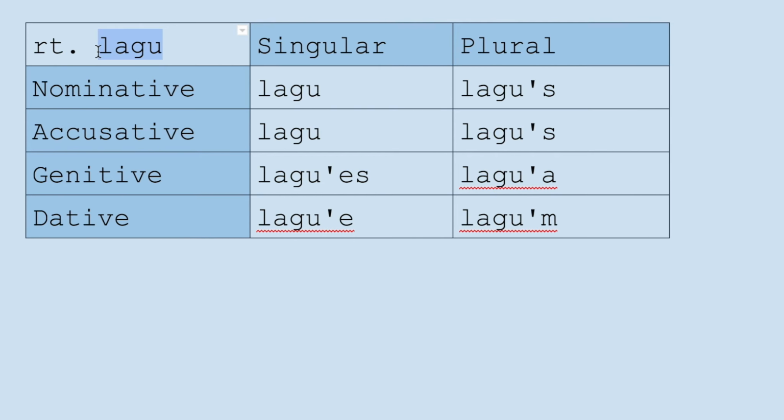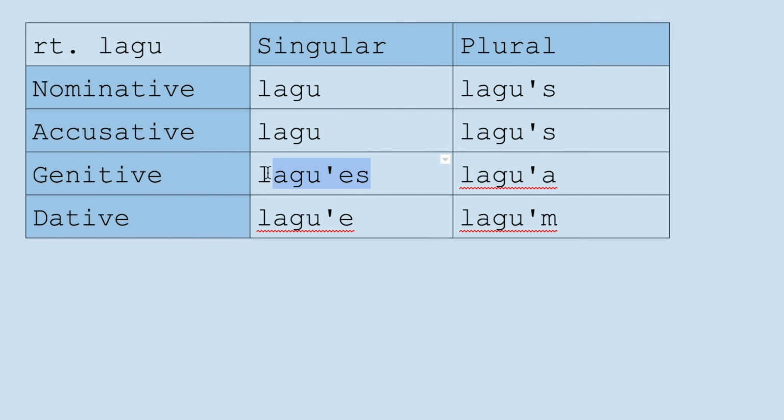This is lagu. It means lake or body of water, I think. And this one is also a bit different because final U's shift the stress of the diphthong to the ending rather than the vowel of the root.